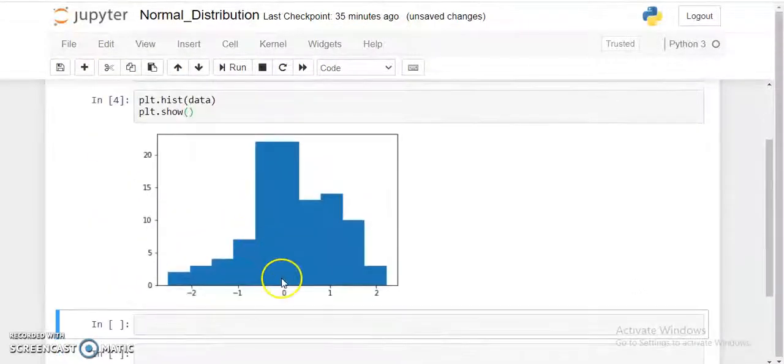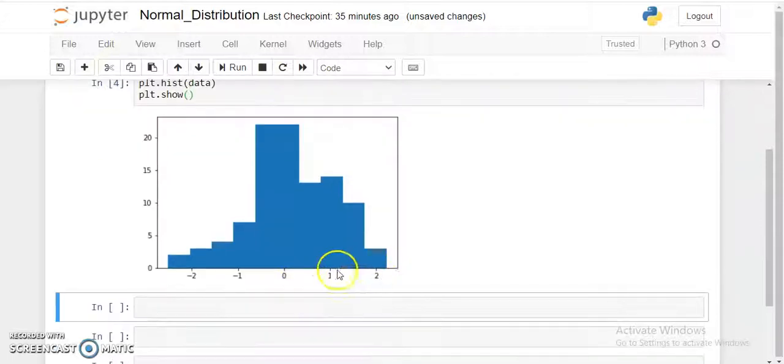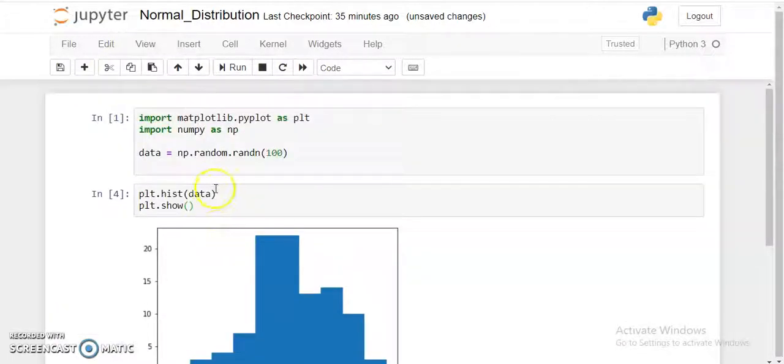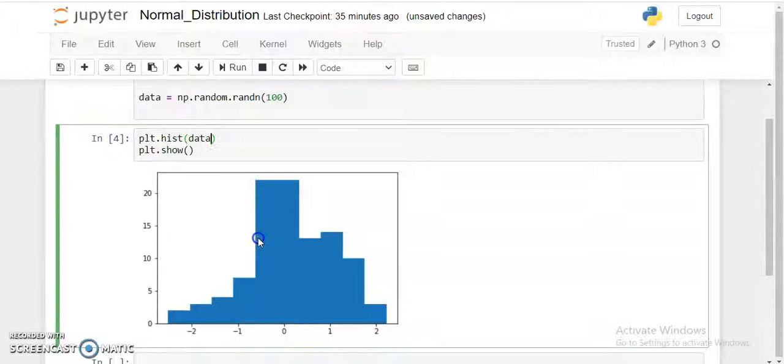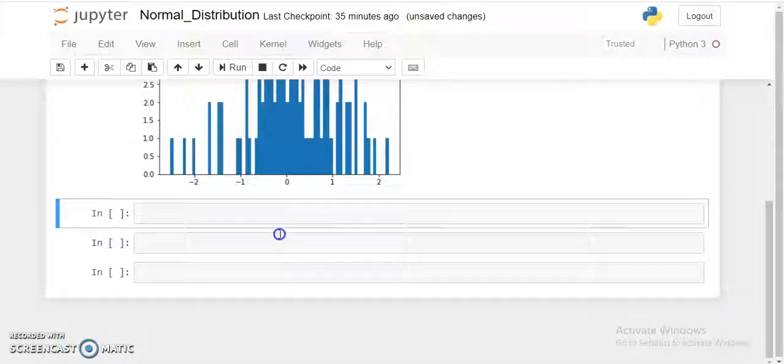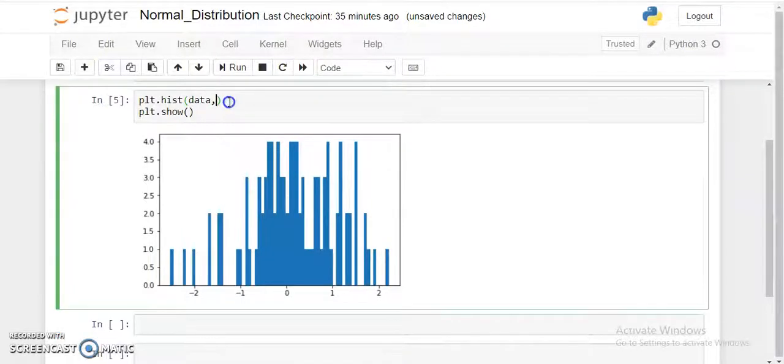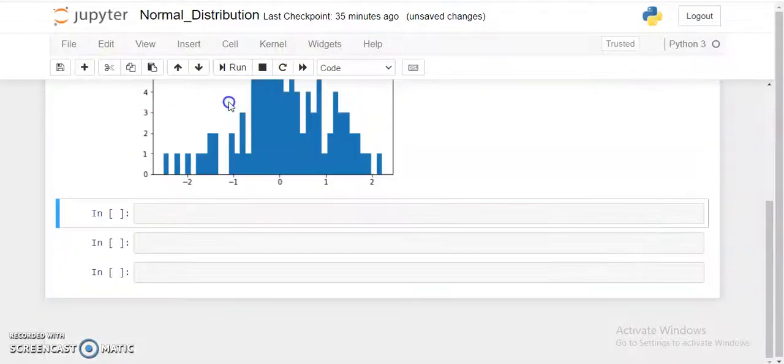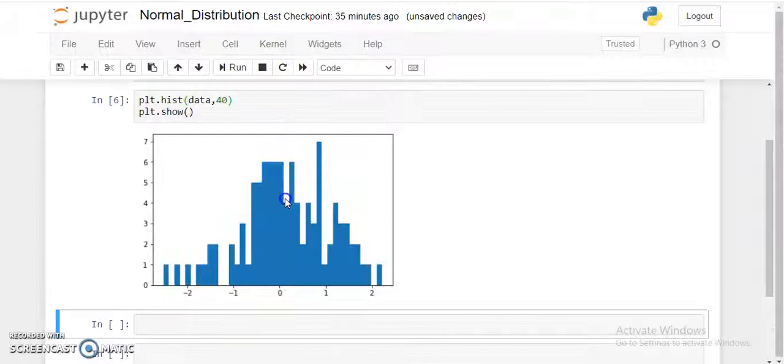Now you can see the mean is 0 and the variance is 1. So what we can do is increase the bucket size. Let's take the bucket size to be 70, or let's take it 40, right? So the data around 0 is larger compared to the other, and it is distributed with a variance of 1, right?